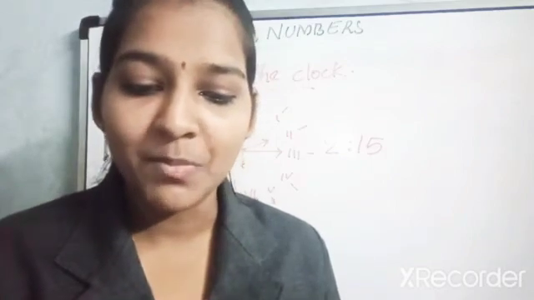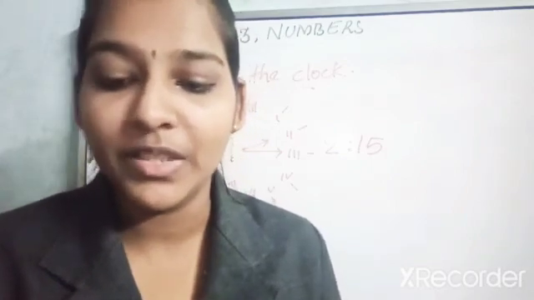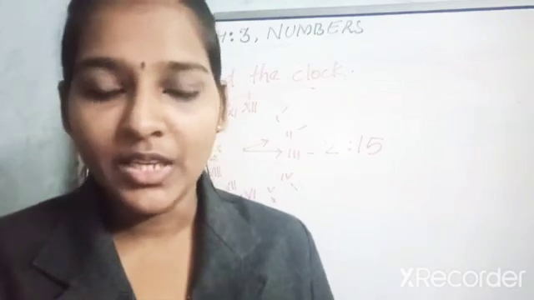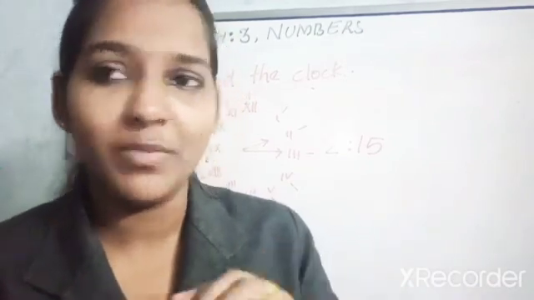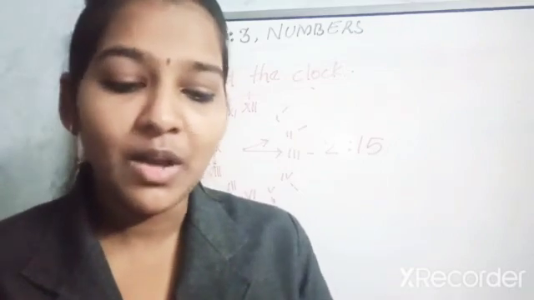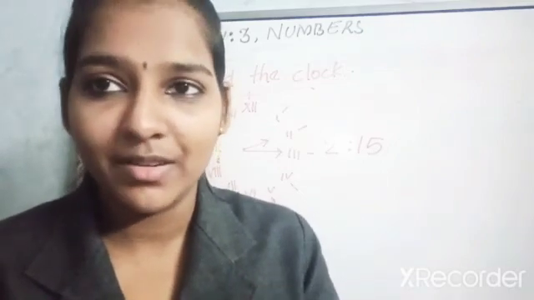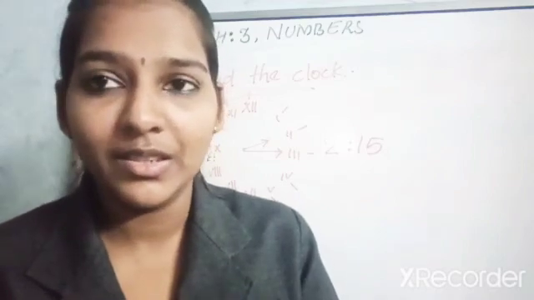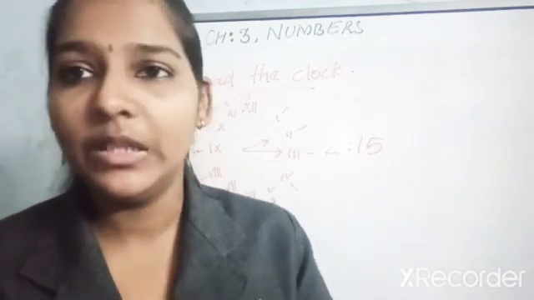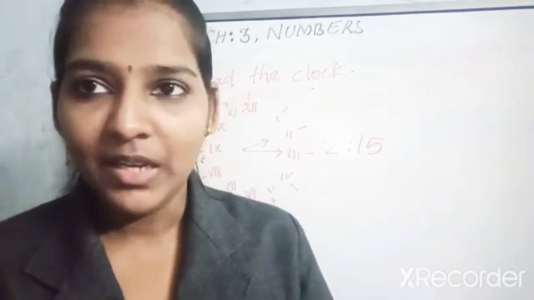Express Rohit's marks as Hindu-Arabic numerals. So as a word problem also these Roman numerals can be asked. So you have to identify what is the mark. That is, you have to convert this Roman numeral to Hindu-Arabic numeral. Okay, let's do that.